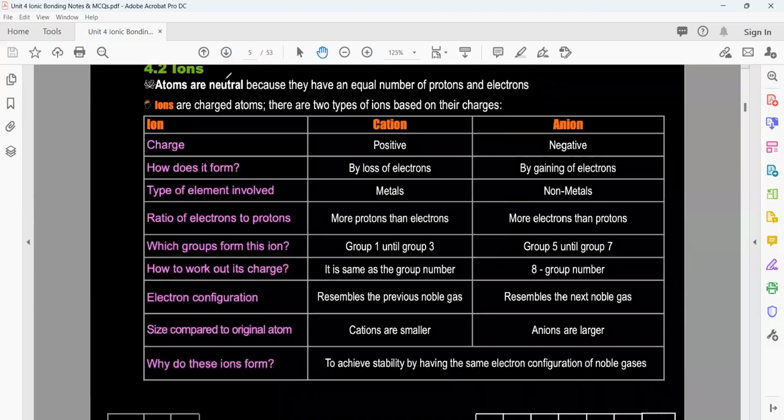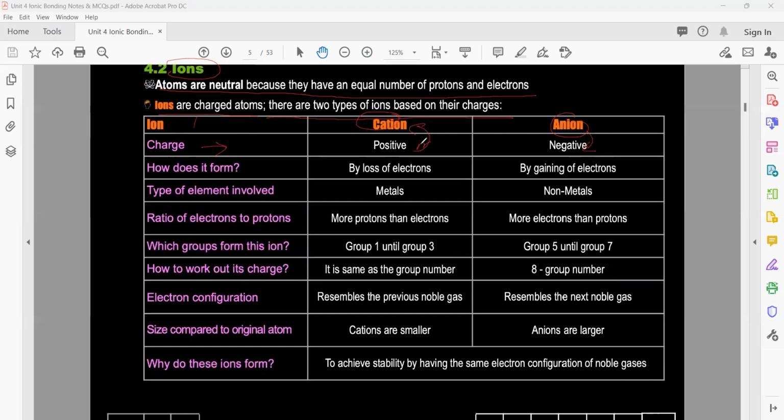Now here they are talking about the same thing in detail. What is an ion? Atoms are neutral because they have an equal number of protons and electrons. Ions are charged atoms. There are two types of ion based on their charge: number one cation, number two anion. So now see here, ion. Depending on charge, if it is positive, it is known as a cation, and an anion is negative.